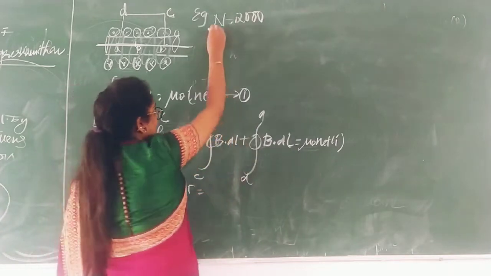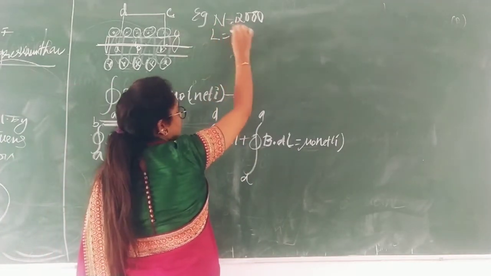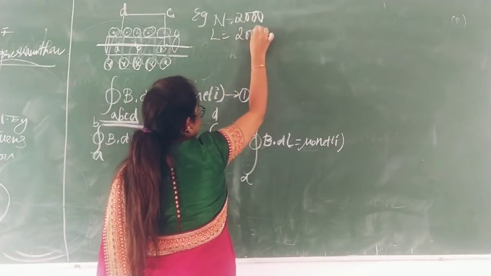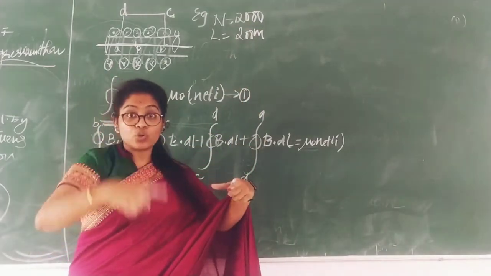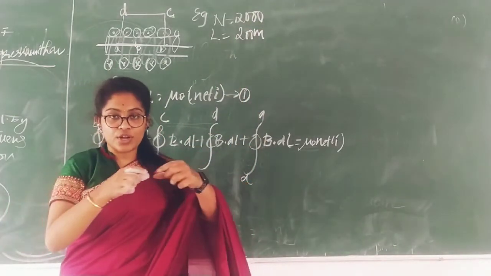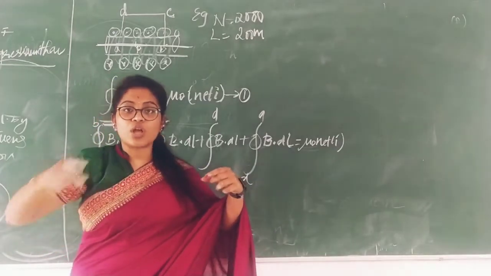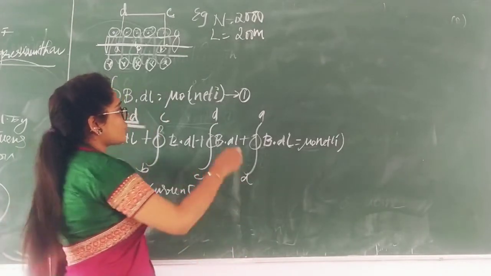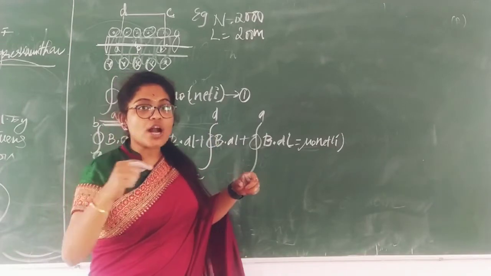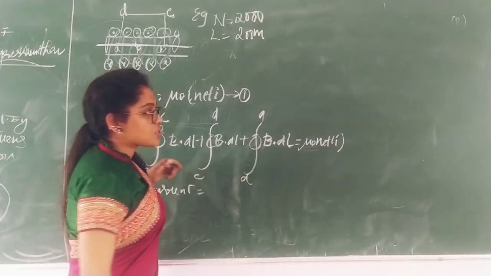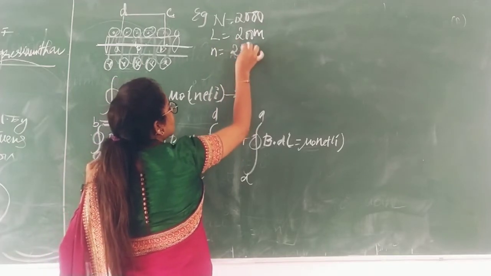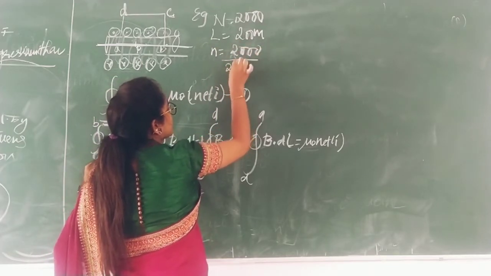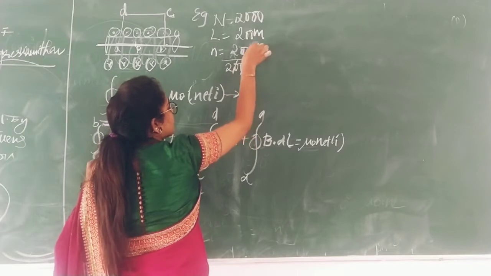What is the length of the solenoid? The length of the solenoid is 200 meters. For 200 meters, I have 2000 turns. For 1 meter, what are the turns? So n is equal to 2000 divided by 200.